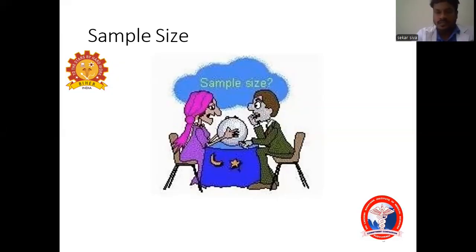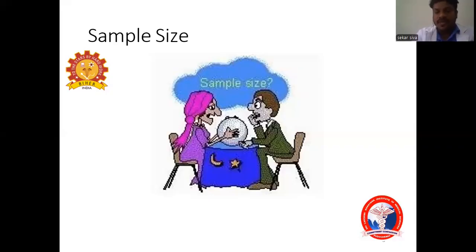Please reduce it, sir. I can't have sufficient manpower or time for this extra sample size. But we should understand that sample size is not just given by the statistician. It is estimated. So we should know the concepts.